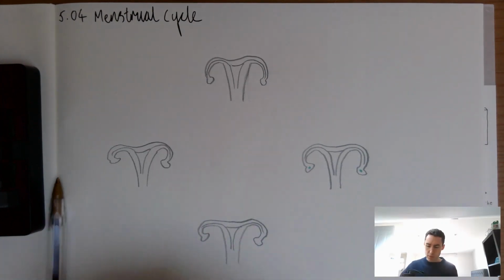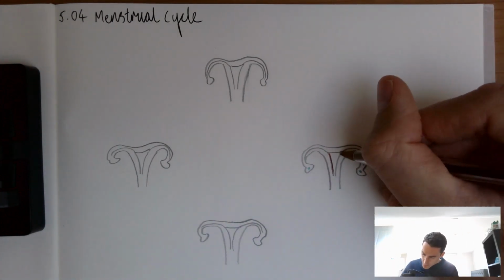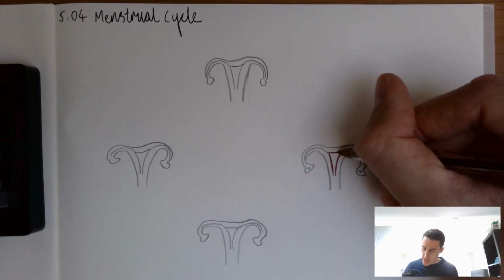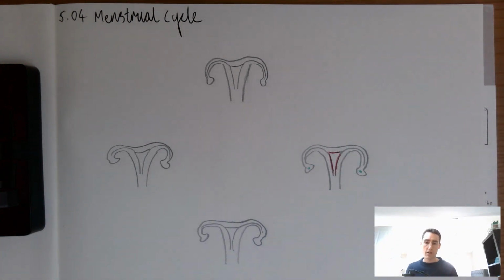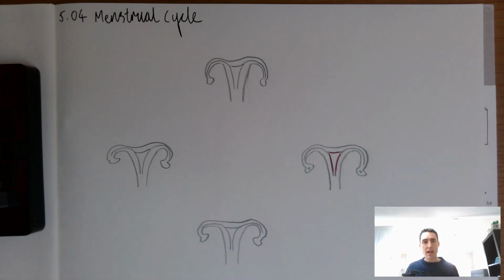At this point we also start to get a little bit of thickening of the lining of the uterus, and I'm going to do that in red for obvious reasons, because that's the same colour as the blood that happens during menstruation. So we start to get this thicker lining, and again we want to bring students' thinking back to fertilization.